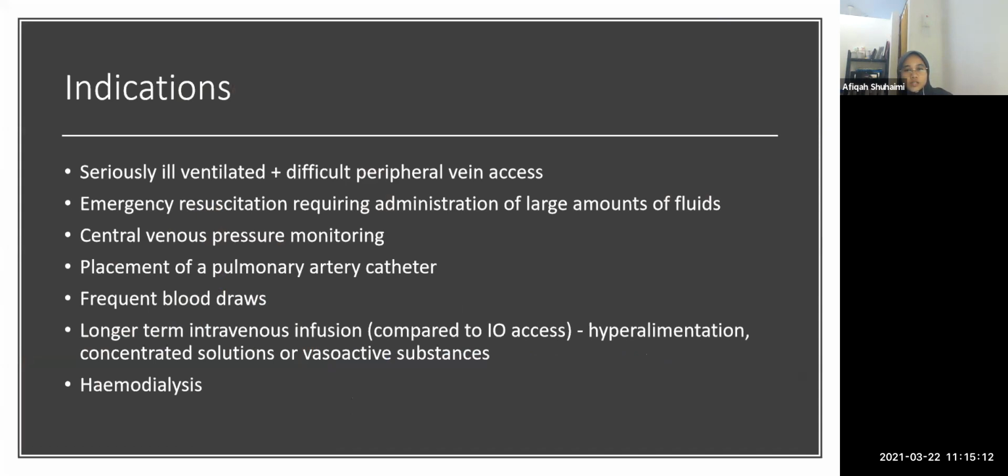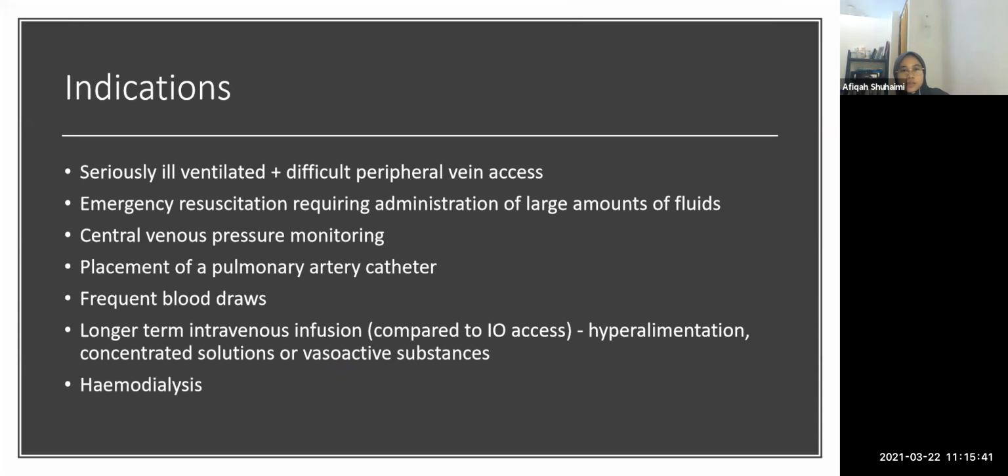The indications for central line include, first, a seriously ill ventilated patient with difficult peripheral vein access.